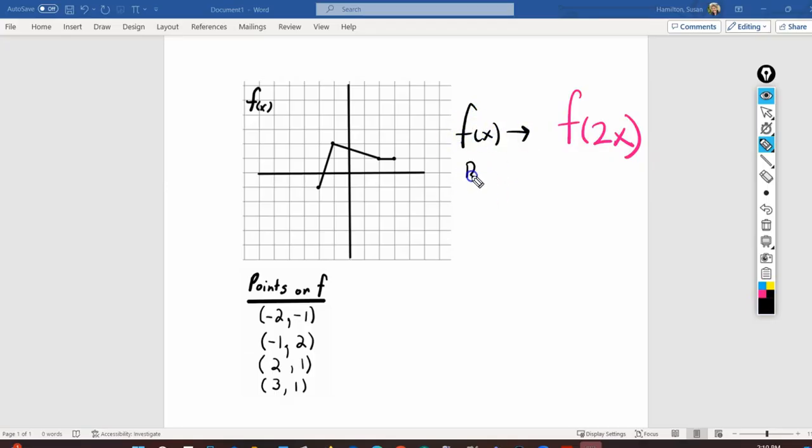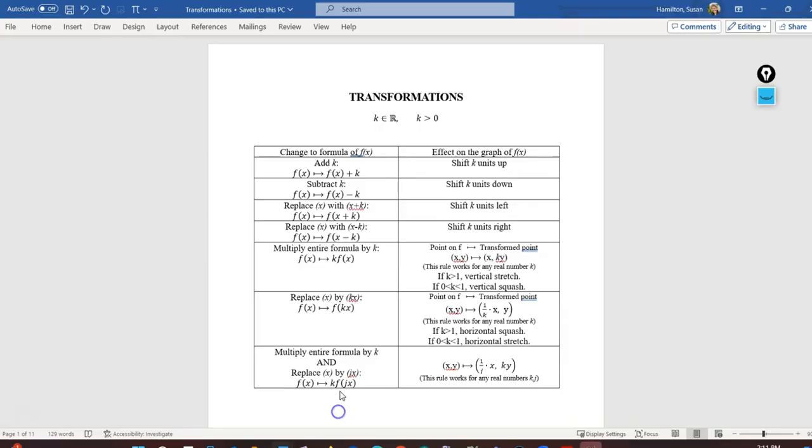The change is we have replaced x in the parentheses with 2x in the parentheses. And so if we use the chart, that's down to this one, the next to last one. Replace x by k times x, some number k.